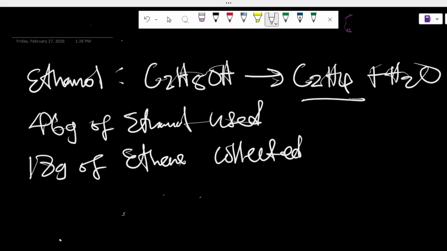So this is ethene. So calculate the percentage yield in this particular reaction. So how do you deal with that? Now, what you need to understand is that it is stated here that 18 grams of ethene is collected. Now that means this is the actual yield.